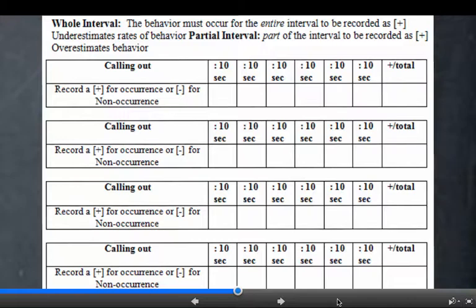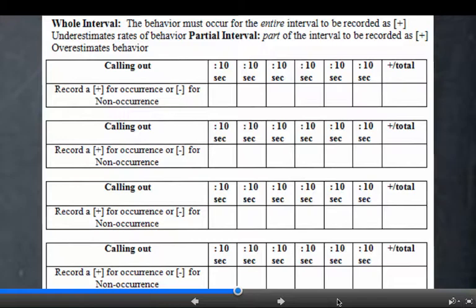Now, one of the things that I want to point out is that this partial interval recording method is pretty convenient because if you think about it, if I'm on the Stairmaster for 10 minutes and all I need to do is to glance over at you during that 10-minute interval, and if I see any of the behavior that I'm looking for, that is you ascending the stairs, then I'm going to record a plus. And as soon as I do that, I'm off the hook for the rest of that time interval, right?